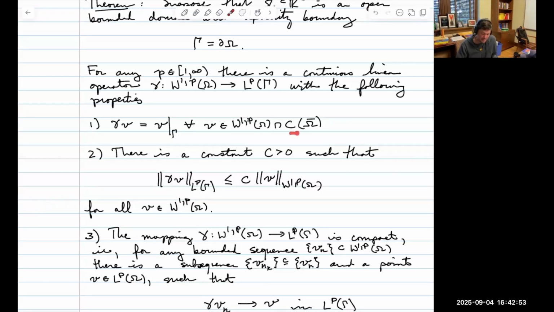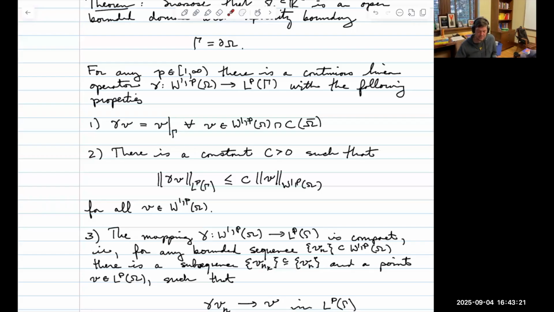If it's not continuous, but we know that it's only W^{1,p}, then we know that there's going to be some function which lives in that space that gets mapped to by this operator gamma. Okay, and we know that that gamma map has to be a continuous linear operator. Now, it's kind of like an embedding operator, but it's not exactly.